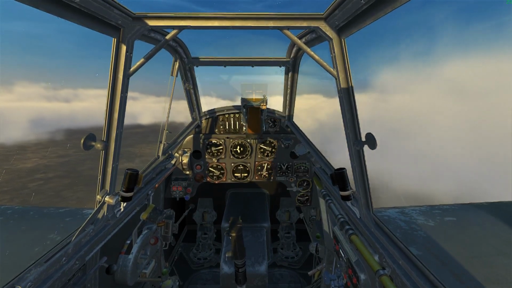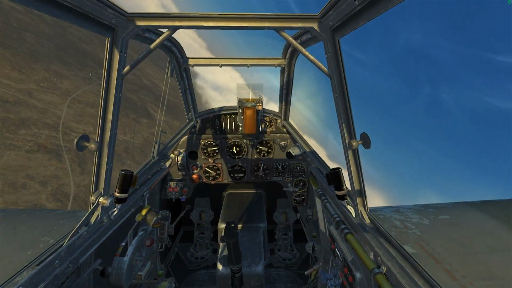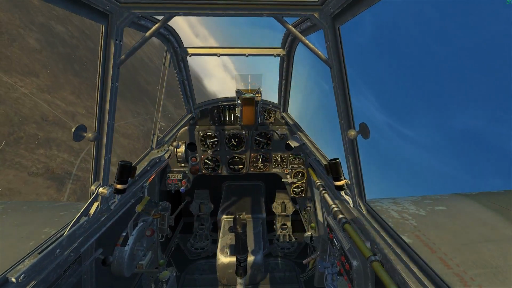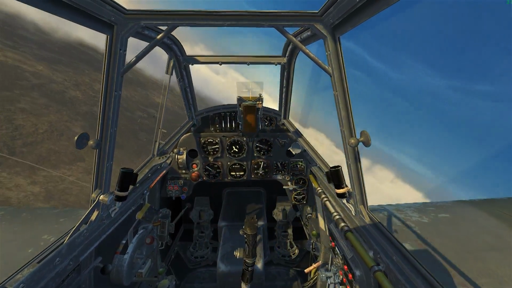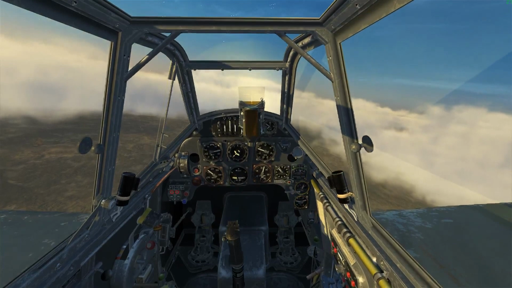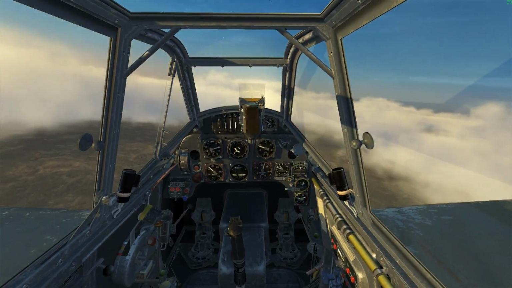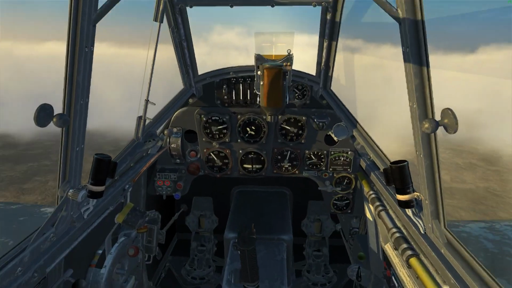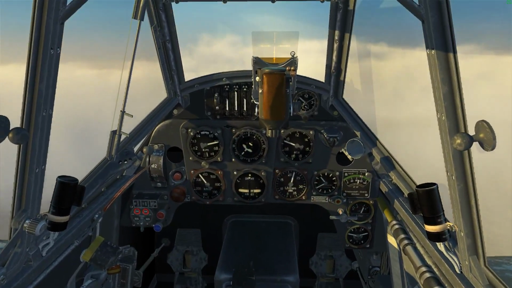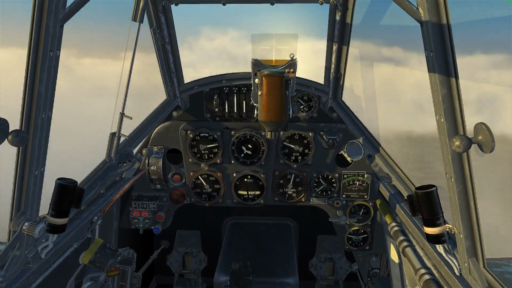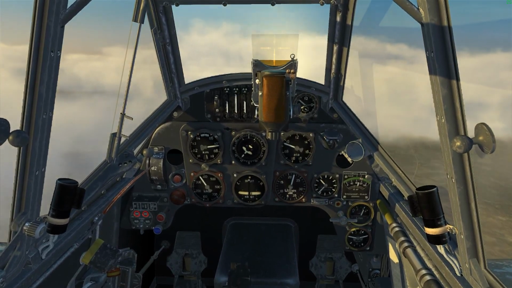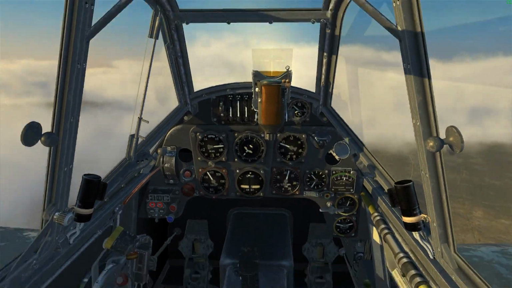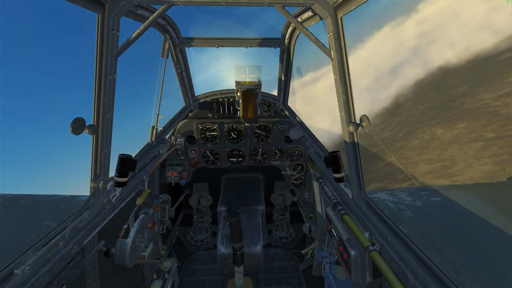Okay, so we're heading west. We'll make a left turn of 45 degrees to a new heading of 225. We'll hold that heading for 15 seconds. Time's up.